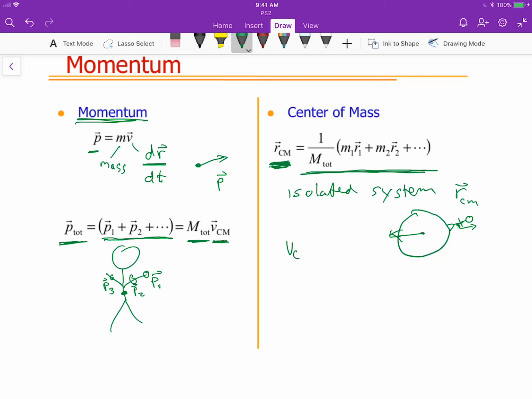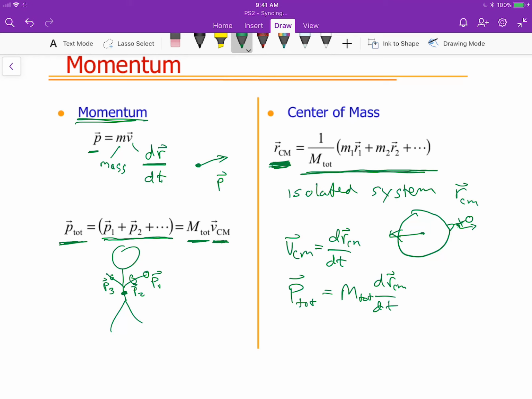But the real reason we made this definition was because we could then define our V cm, which was equal to d r cm dt, and then this follows the relationship that P total is equal to M total times d r cm dt.